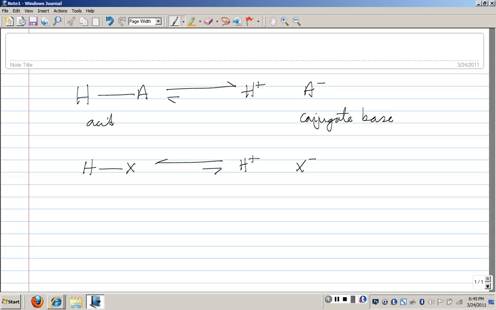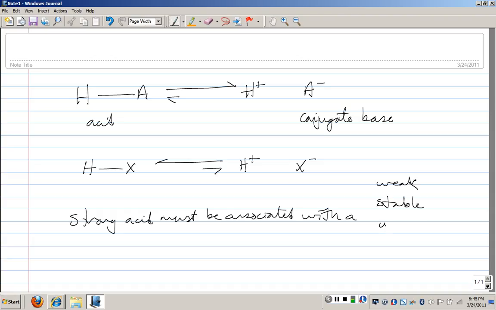So a strong acid must be associated with, and I can pick the adjective, a weak or a stable or an unreactive conjugate base.